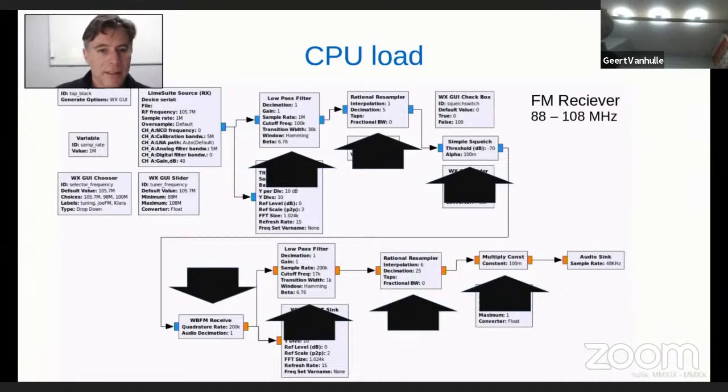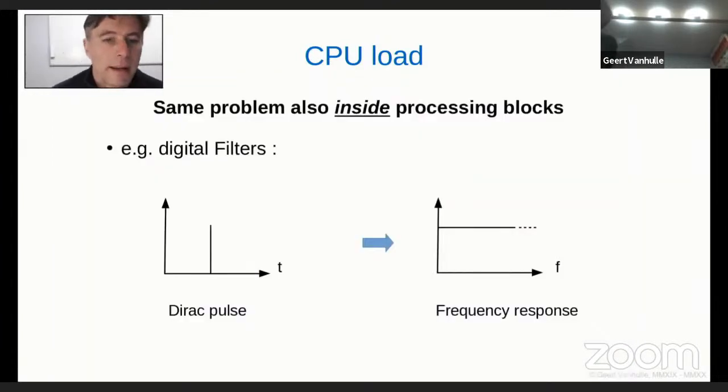Now, as we have this in between the blocks, it is the same problem we have inside these processing blocks. I will take a digital filter as an example. Now, what is a digital filter? If we take an ideal pulse in the time domain, it's called a Dirac pulse. If we look at it in the frequency domain, it will give us an infinite number of frequency components, all components on the spectrum from 0 to infinity.